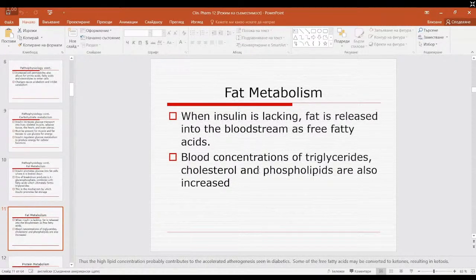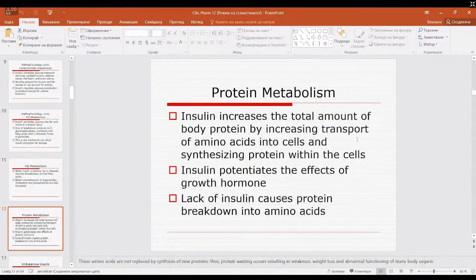When, however, insulin is lacking, so that glucose cannot be used, fat is another source of energy, and it is being released into the bloodstream as free fatty acids. And fatty acids are starting to be used as sources of energy.